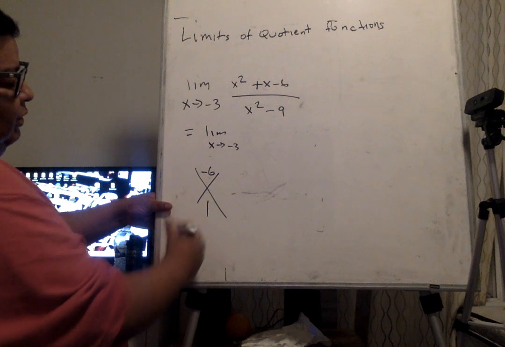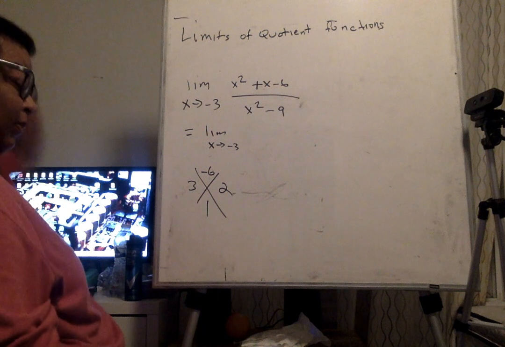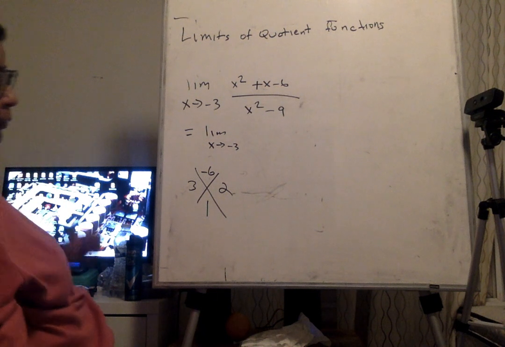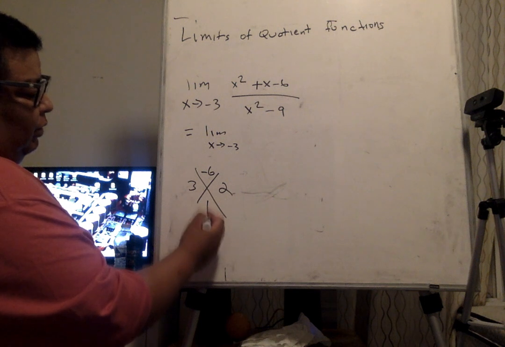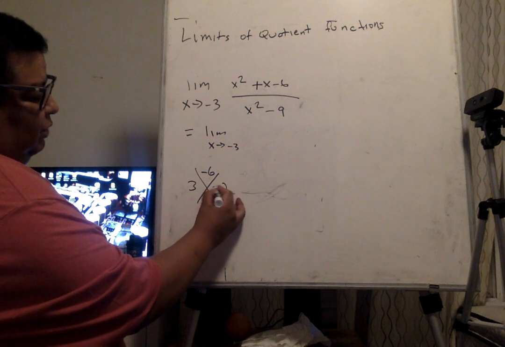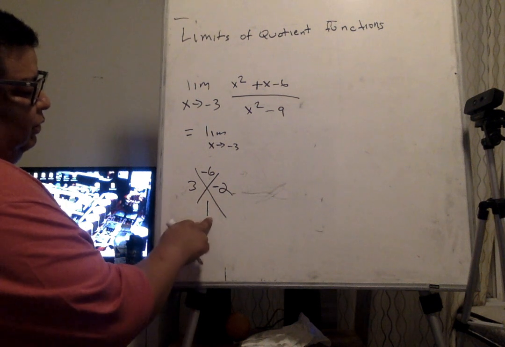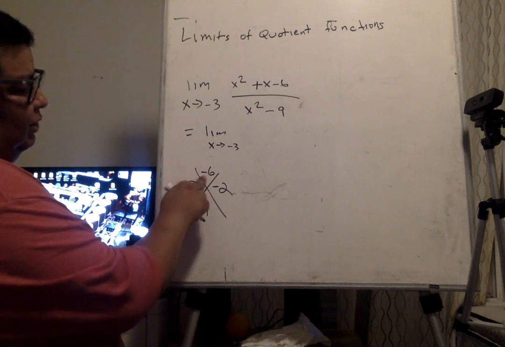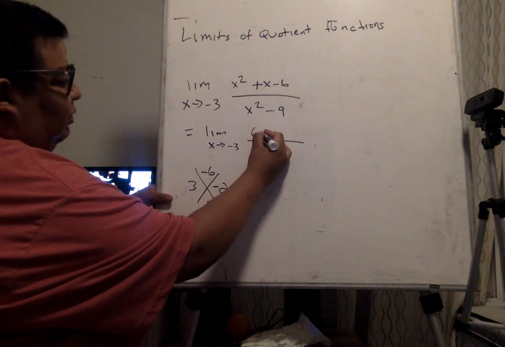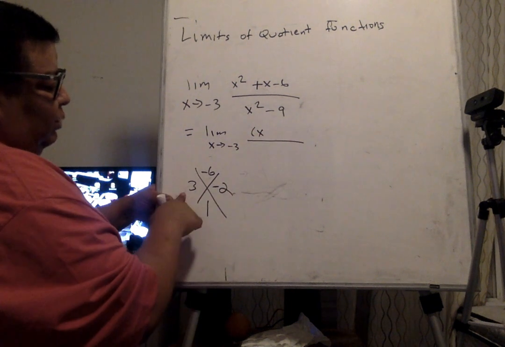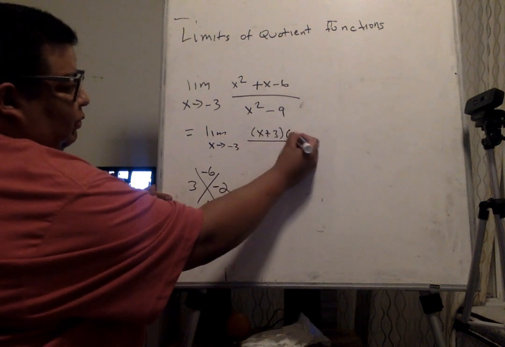So let's try 3 and 2. But what are the signs? Remember, we need to get a positive 1. So let's make this one a negative 2. And 3 minus 2 is 1. 3 times negative 2 is negative 6. So now we know how to factor the top. It will be x plus 3, and then x minus 2.